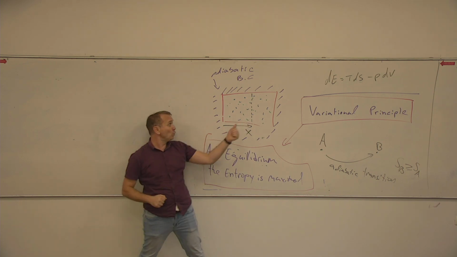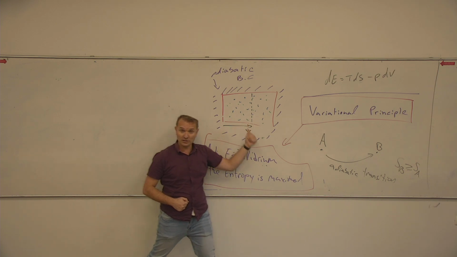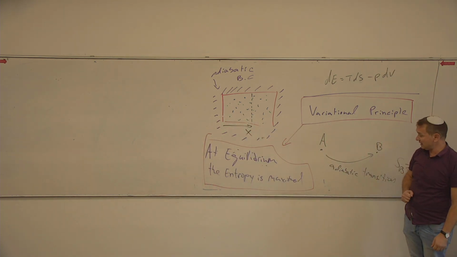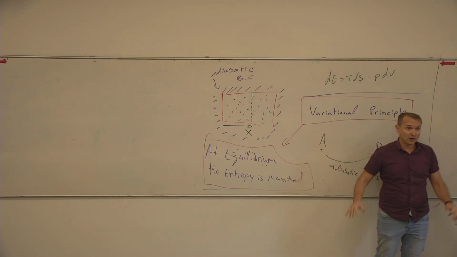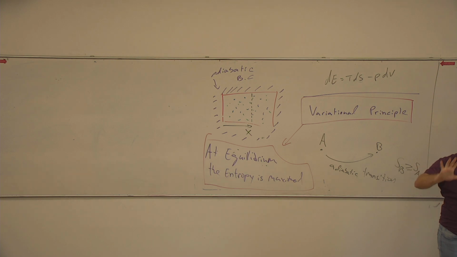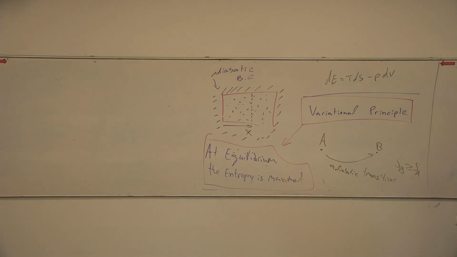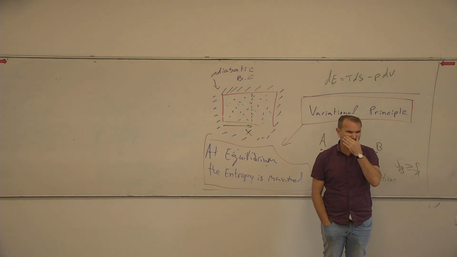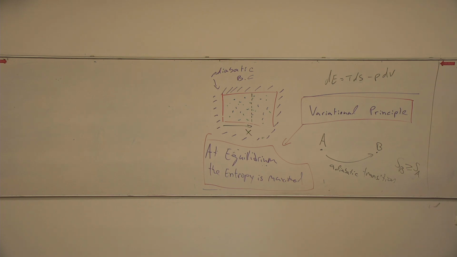But with respect to internal constraints, some internal properties, and with respect to those internal constraints, the entropy is going to be maximal. Okay, so this is the principle of how we find equilibrium. We just compute entropy. The problem is that it's actually really hard to compute entropy, because we don't really understand what it is, but still we can do it.